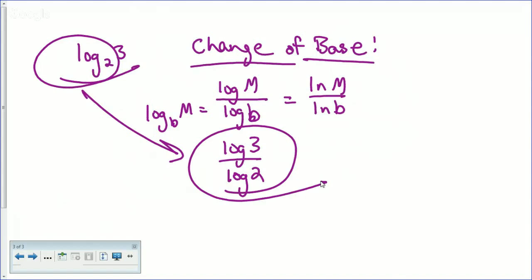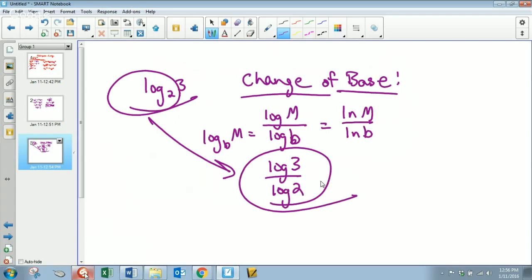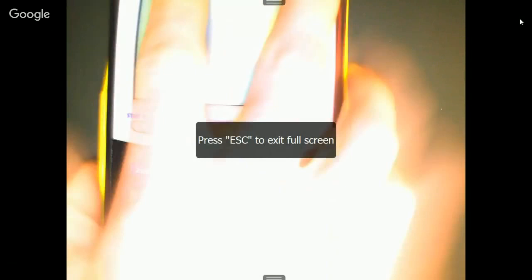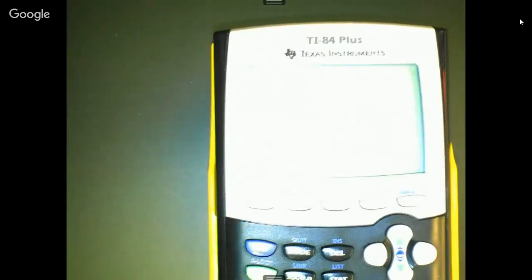Okay, and again, we do that on our calculator here. If I show you here. If we come over here to the calculator, hopefully I can get it without a glare.